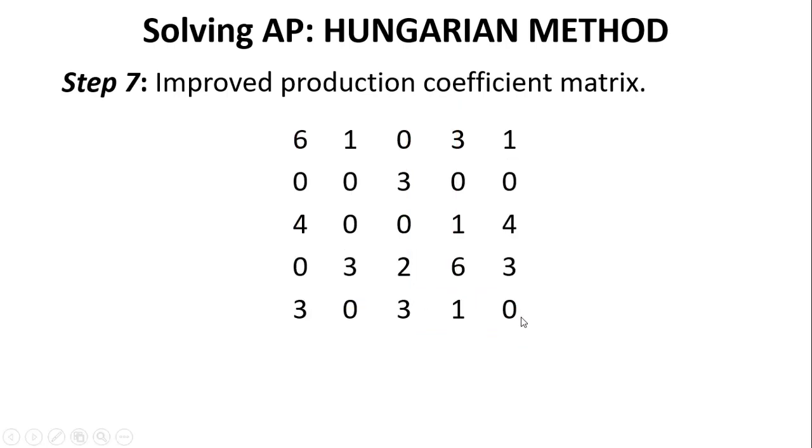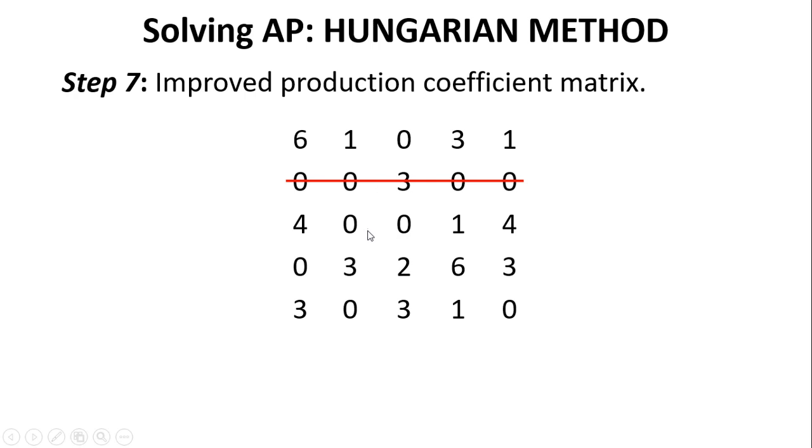After having this improved matrix, we again cover the zeros with the minimum number of lines. As usual, look for a row or column with the greatest number of zeros. We have this column with 3 zeros. This row has 4 zeros. We cross the row with 4 zeros.